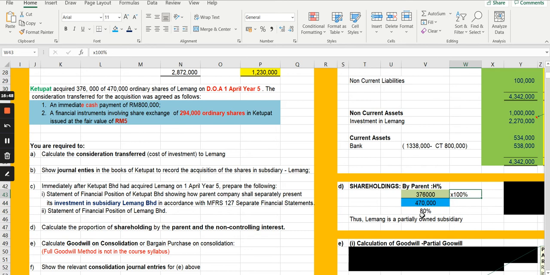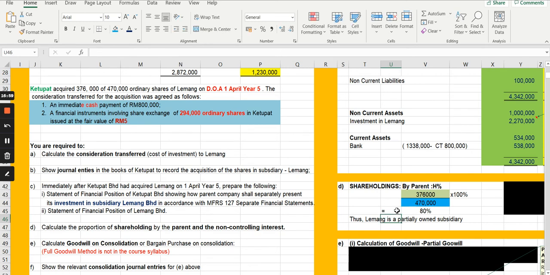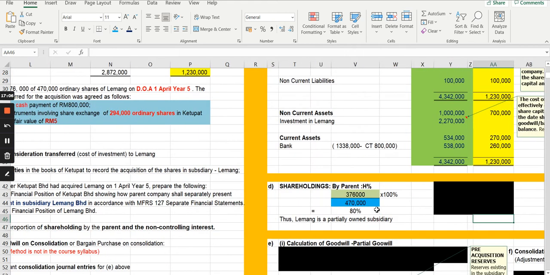Then you multiply by 100%, and you will get 80%. That 80% shows that you have control, because it is more than 50%. This is the simple indicator of control. As long as it is more than 50%, it is safe to assume that there is control. And because it was not 100% acquired, Lemang is a partially owned subsidiary.